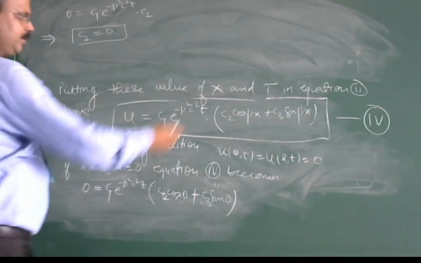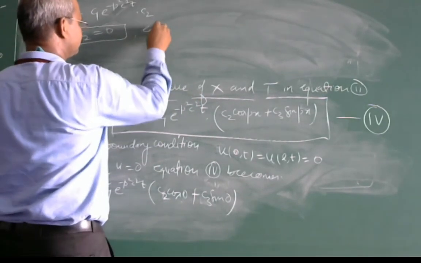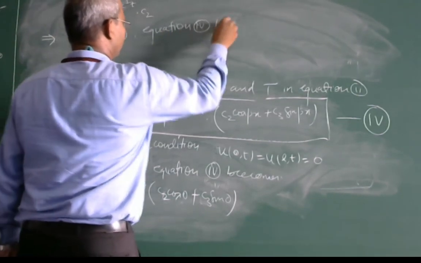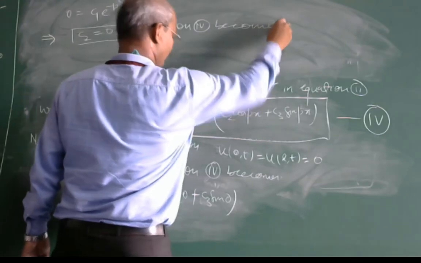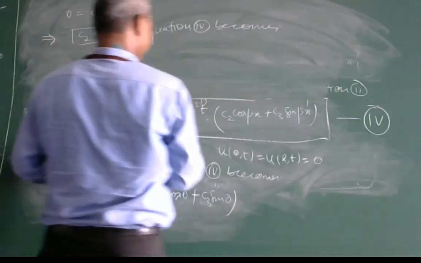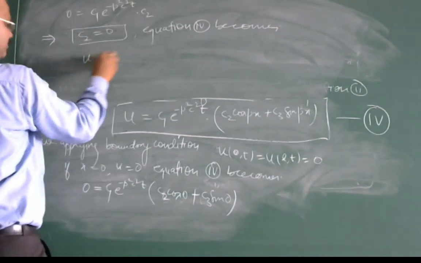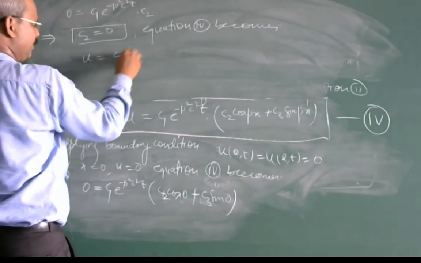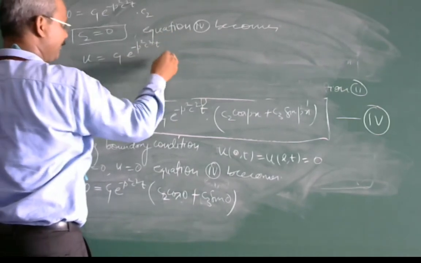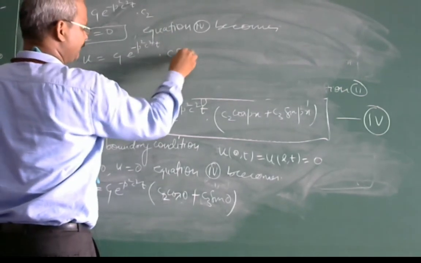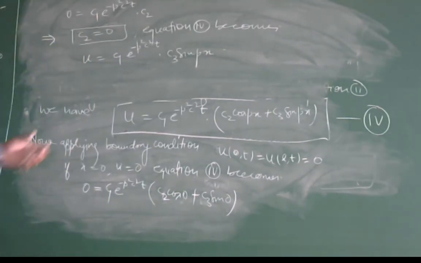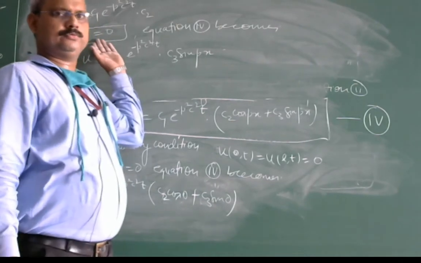So now equation 4 becomes, in this way, u equal to c1 e to the power minus p square c square t into c3 sine px, because c2 is 0.